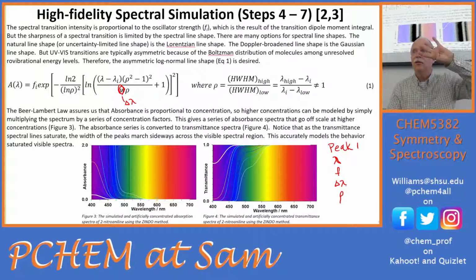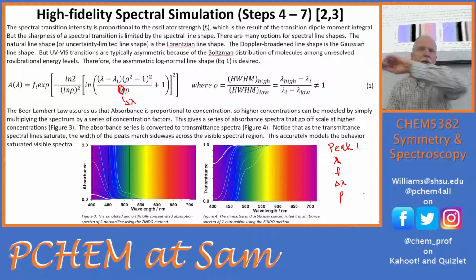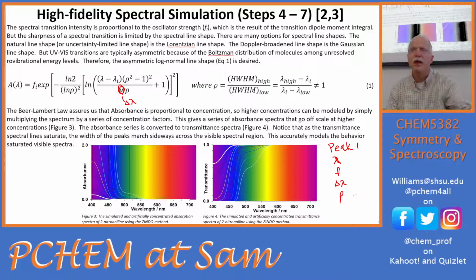So every peak has those 4 things. Now, your rho 1 can equal rho 2, can equal rho 3. You can have one asymmetry parameter for the whole spectrum, which I would encourage you to do, and one uncertainty, one delta lambda for the whole spectrum. But each peak will have a different transition and a different intensity, obviously.